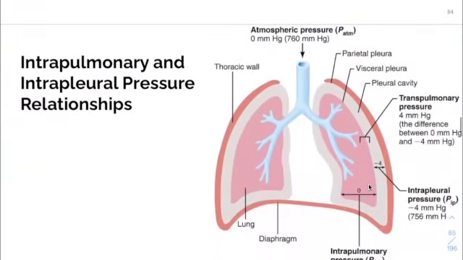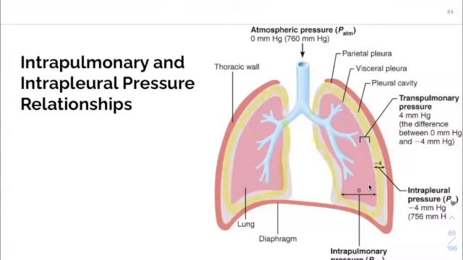So let's look at this picture of the lungs here. We have our pleural cavity with the visceral and parietal layers. We have pleural fluid within that cavity, but it's going to have slightly less pressure than within the lungs.